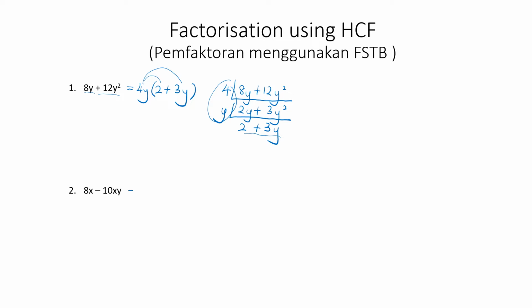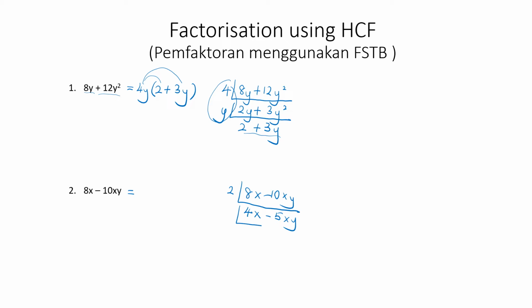So for the next question, using the HCF method, the common factor for 8 and 10 you can do is 2. The remaining is 4x minus 5xy.